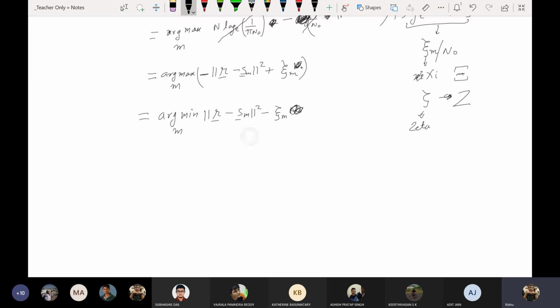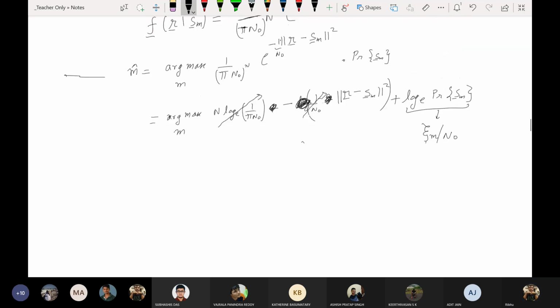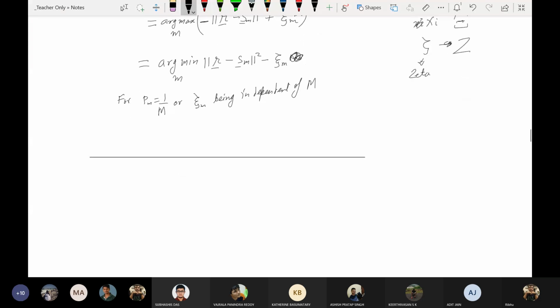So the point, however, is that now for P m equals 1 over m, xi m being a function of m hat.